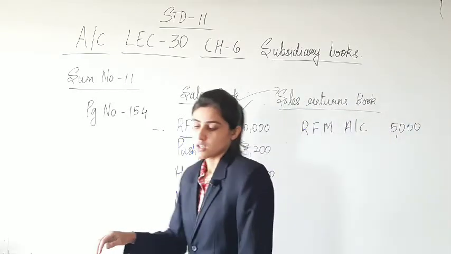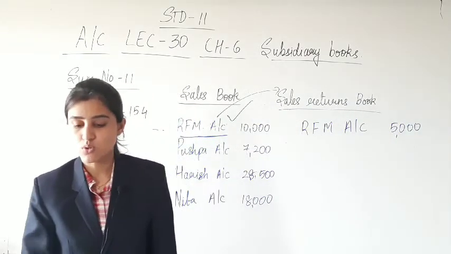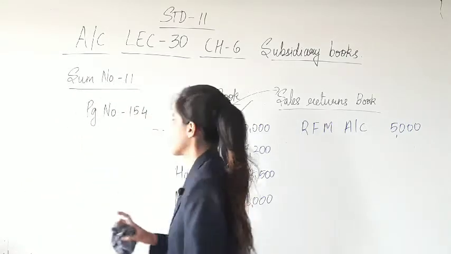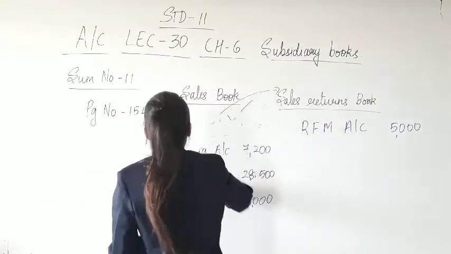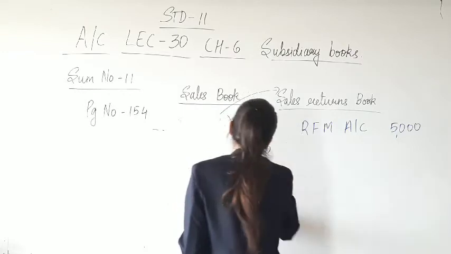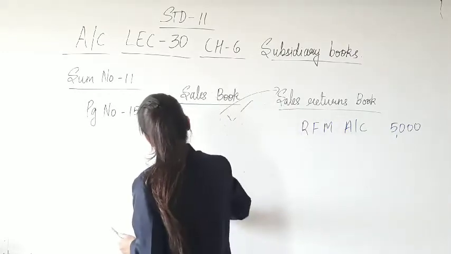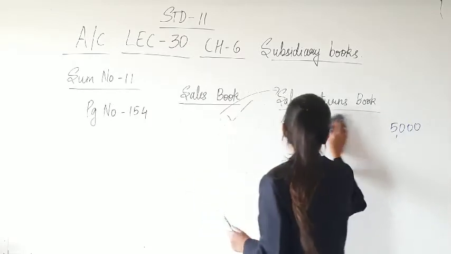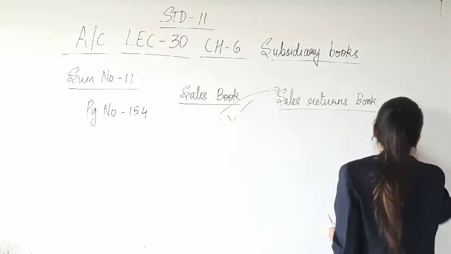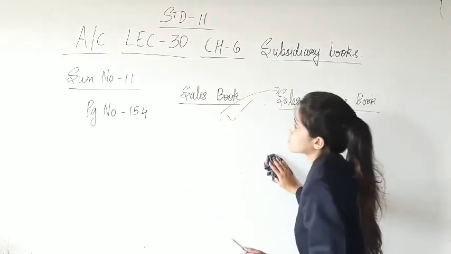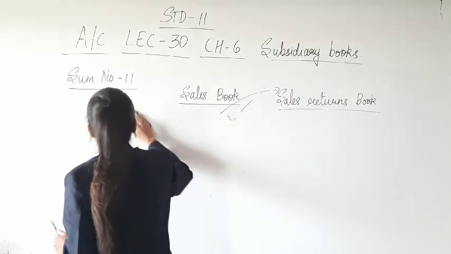Yes. So the next sum that we are going to start with is sum number 12, in which you are supposed to prepare all the 4 books. Yes, purchase book, sales book, purchase return, sales return. Of course, similar to illustration 7 that we have done.